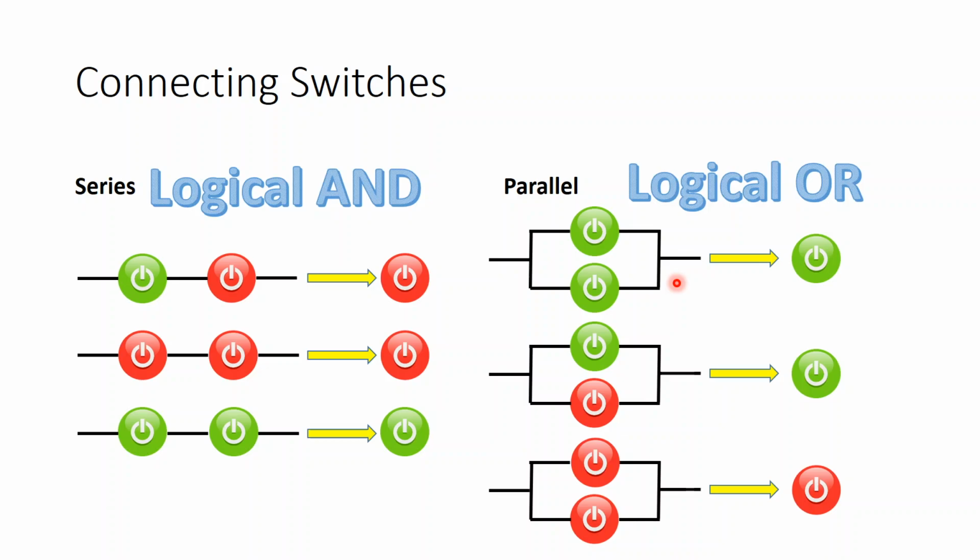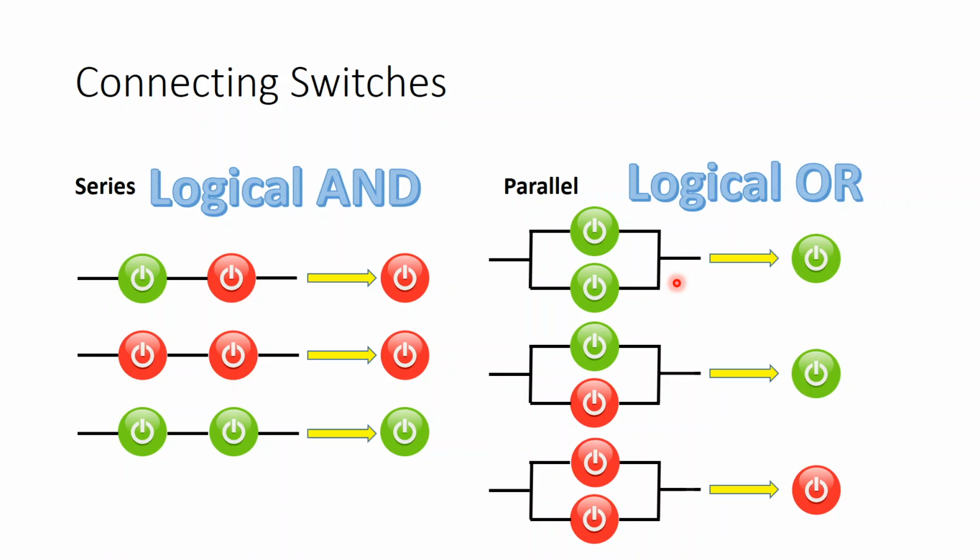Those A and B that I am saying, both A and B have to be true so that the output of the logical AND is true. So what are these A and B? They can be any statement, they can be anything actually.